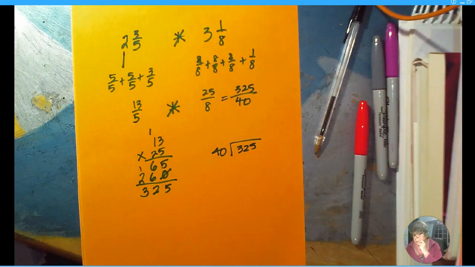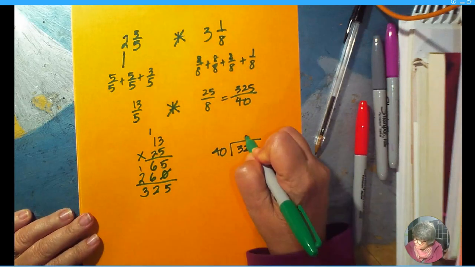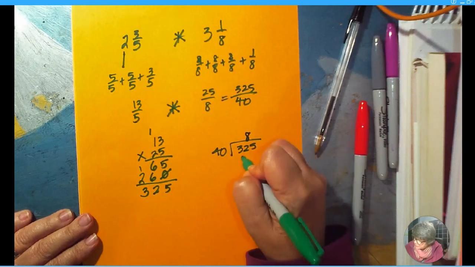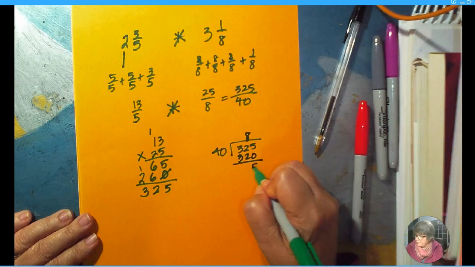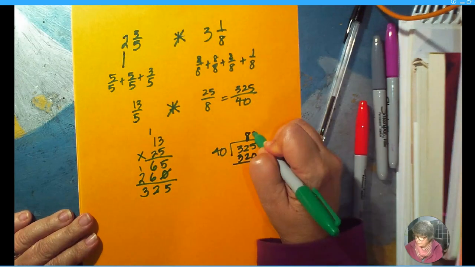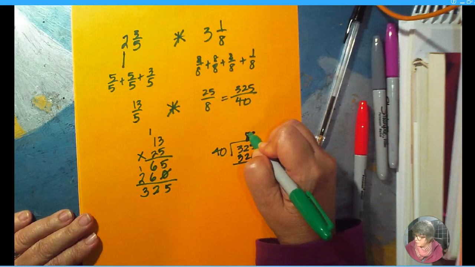Okay, so I could think about 4s. 4 times 8 is 32, right? So 40 times 8 is going to be 320, and then I have 5 left over. Sorry, this 8 should have been over here.